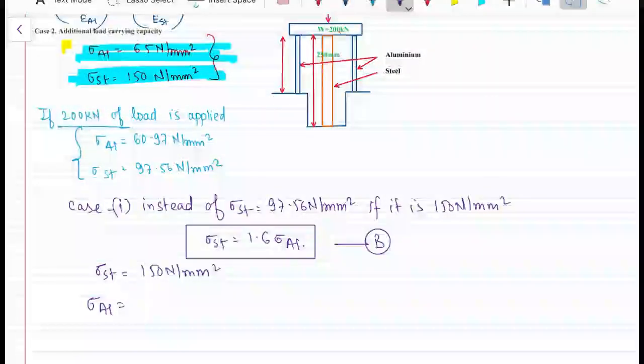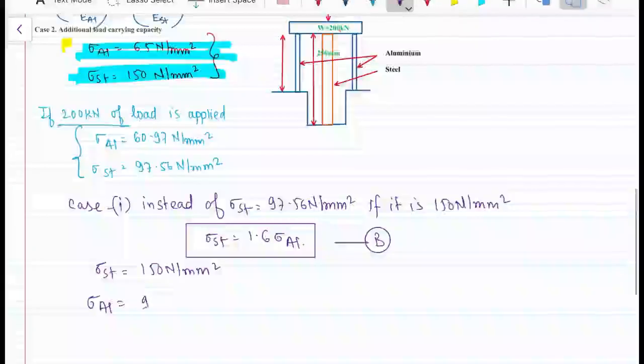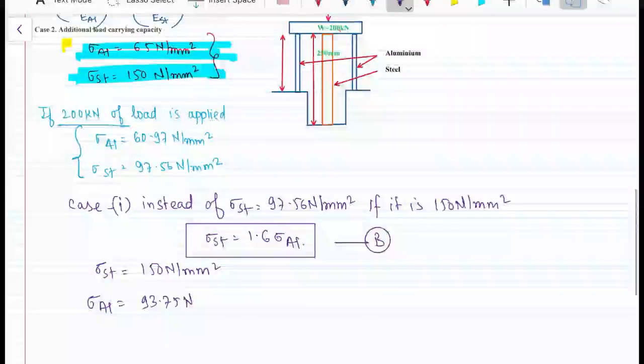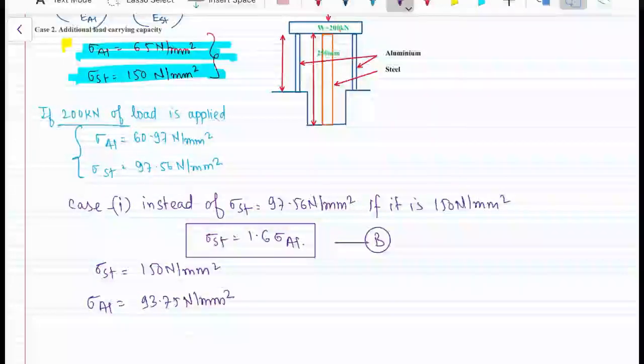Stress in aluminum will be 150 divided by 1.6. So the sigma aluminum will be equal to 93.75 Newton per mm square.